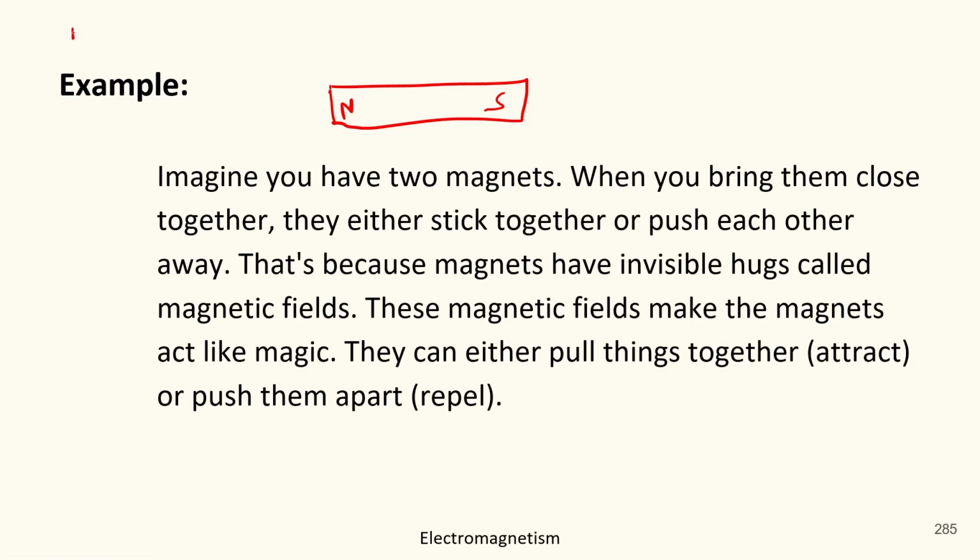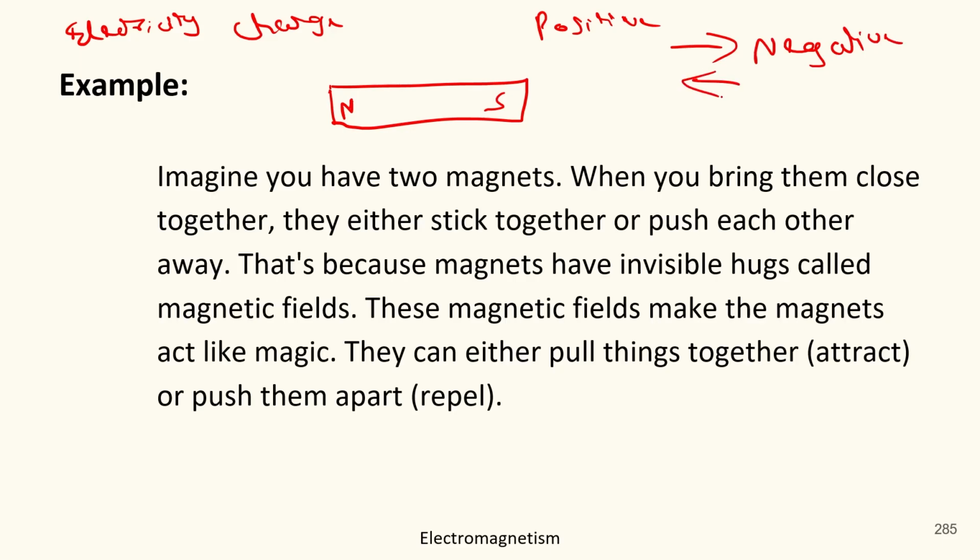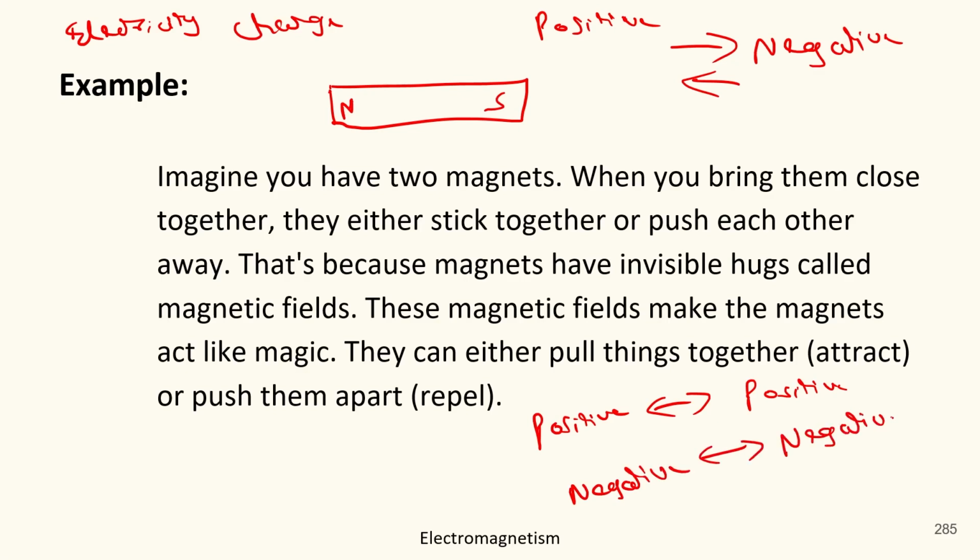Similar to the example of electric charge, where positive and negative attract each other, while positive repels positive and negative repels negative, a magnet does the same thing.